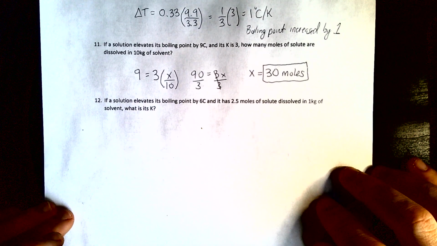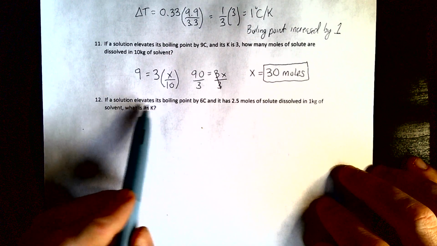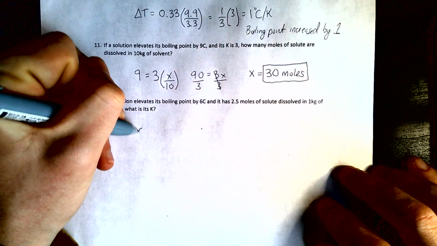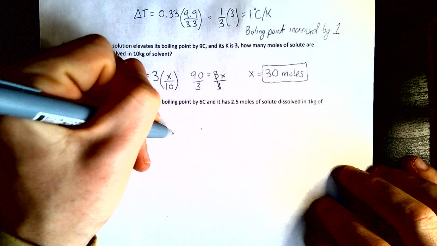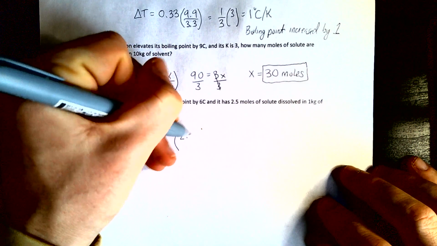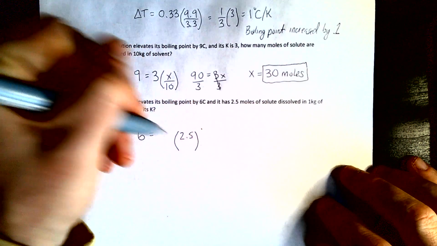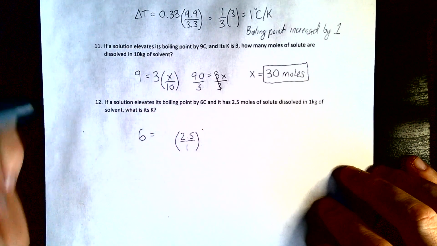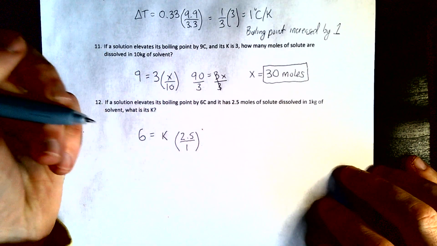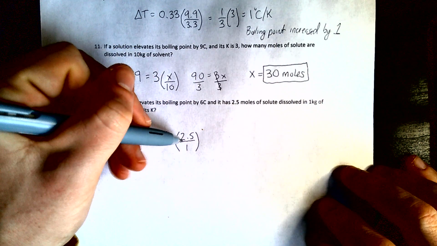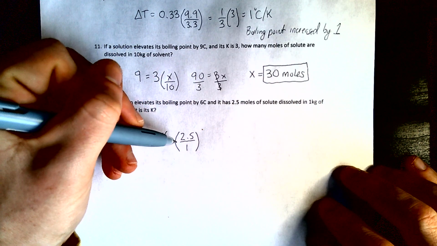Finally 12. Boiling point goes up by 6. There are 2.5 moles of solute in 1 kilogram of solvent. What's K? Well, 2.5 over 1 is just 2.5.